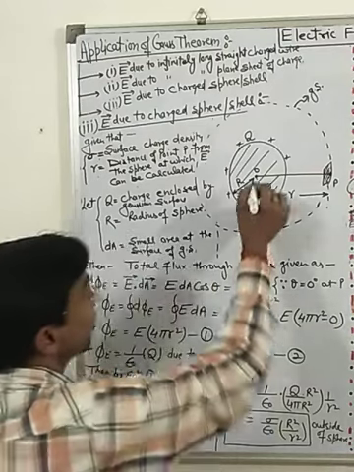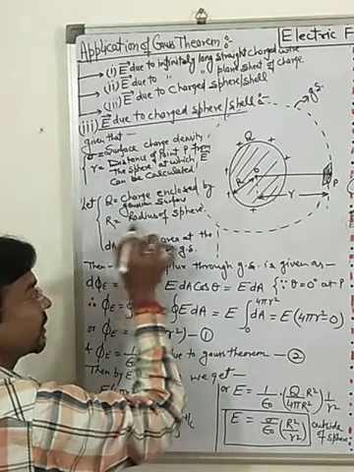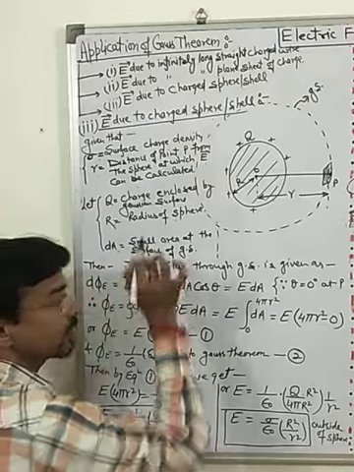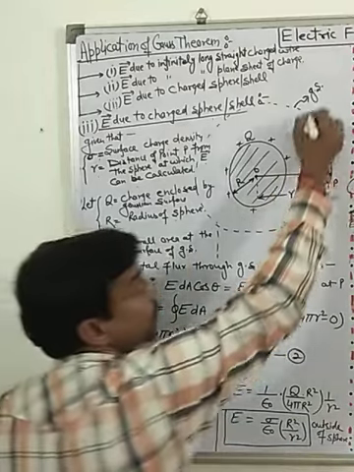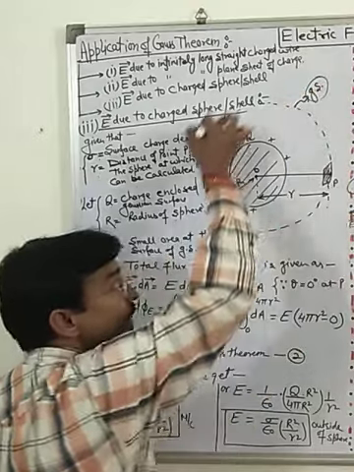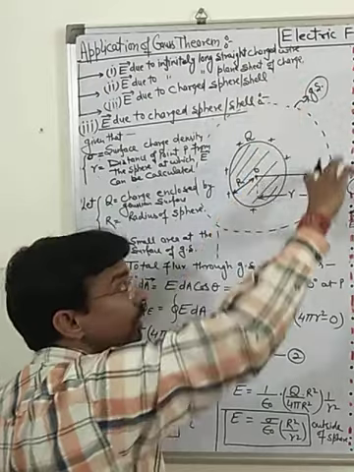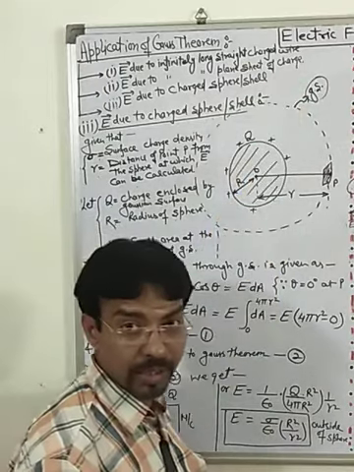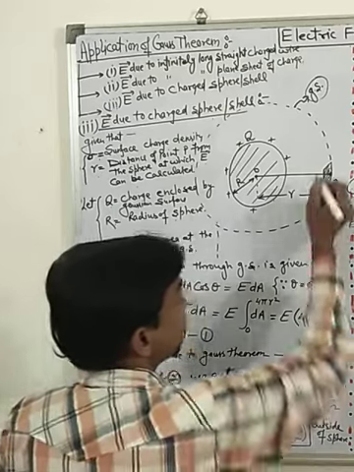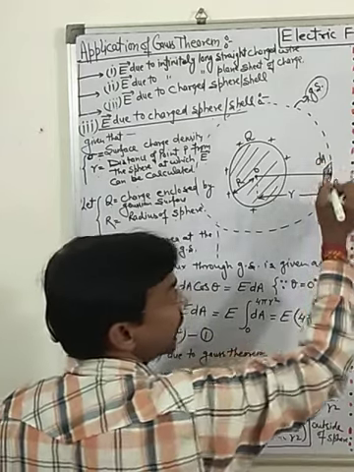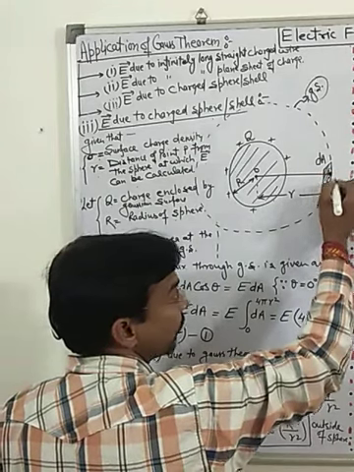Similarly, we can simply assume Q is the charge and R is the radius, and dA is the small surface area assumed at the Gaussian surface. What is the Gaussian surface? It is spherical, because it is a sphere. Now we can use a spherical surface instead of a cylinder. Here we will use a spherical Gaussian surface. Suppose dA is the small area at the point P where we want to find the electric field.